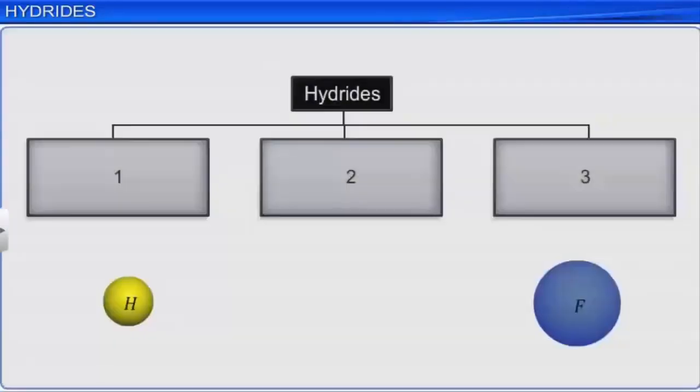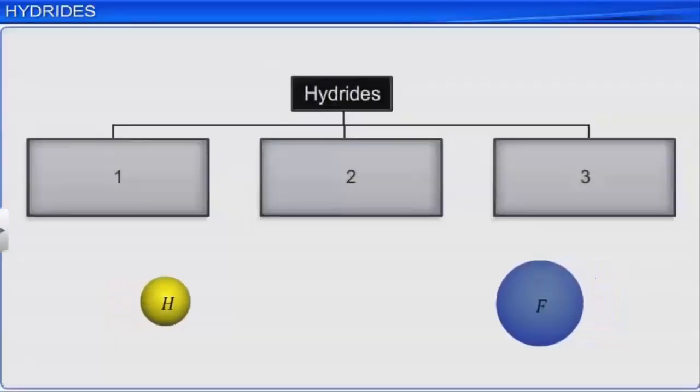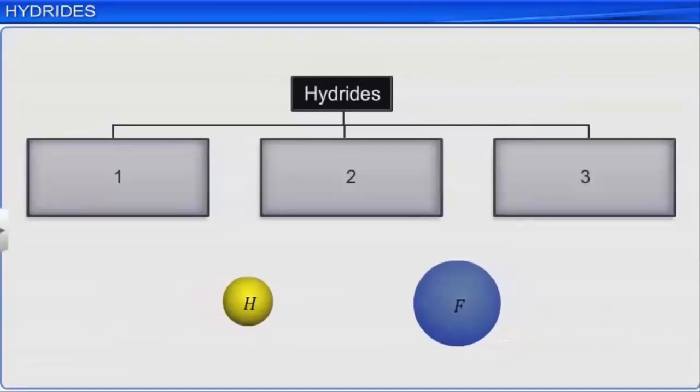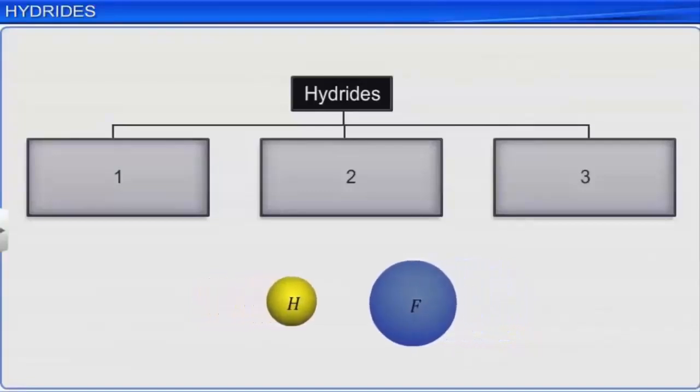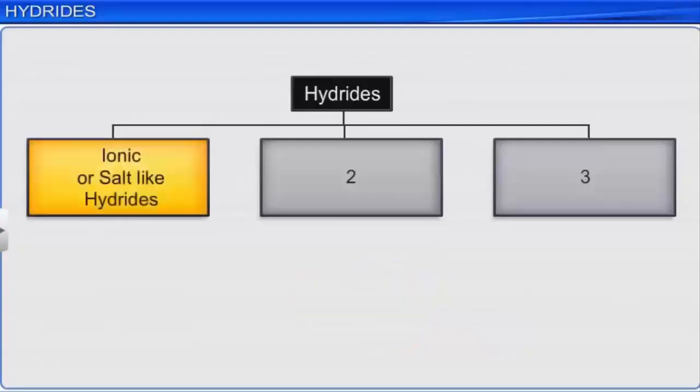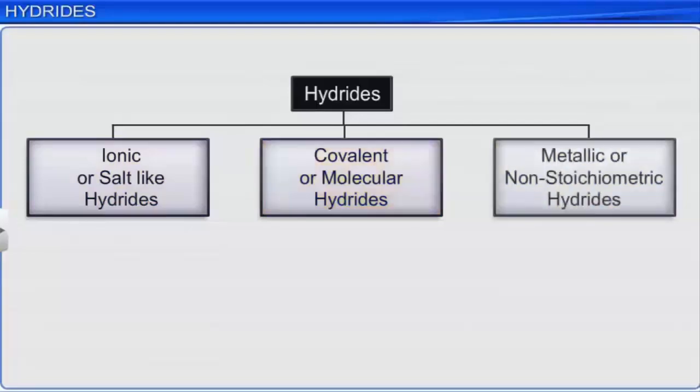There are 3 types of hydrides depending on the behavior and the nature of the bond formed between the hydrogen atom and the element forming the compound. The types of hydrides are ionic or salt-like hydrides, covalent or molecular hydrides, and metallic or non-stoichiometric hydrides. Let us look at each type in detail.